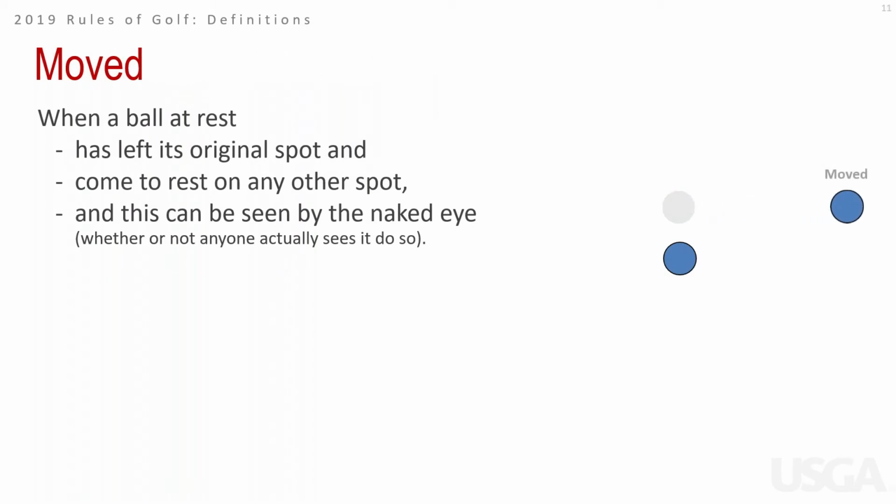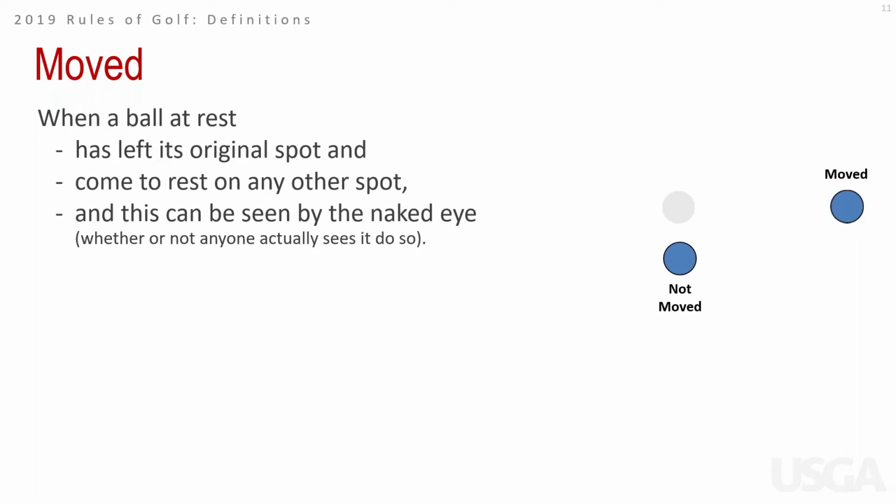So now we're going to talk about a golf ball that has moved. And the term moved within the rules of golf is kind of defined as a legal fiction, because for a ball to have moved, it has to be at rest and leave its original spot and come to rest on any other spot.